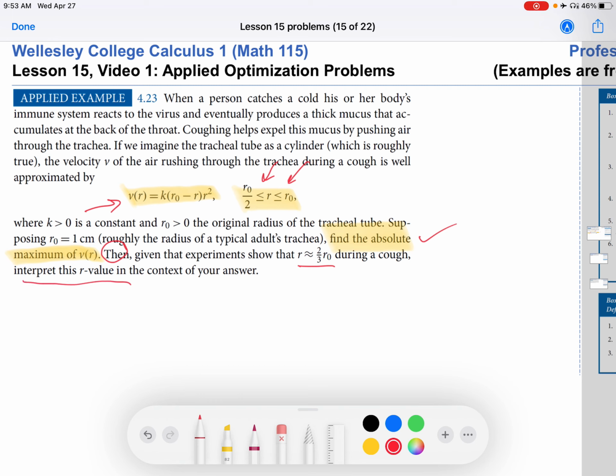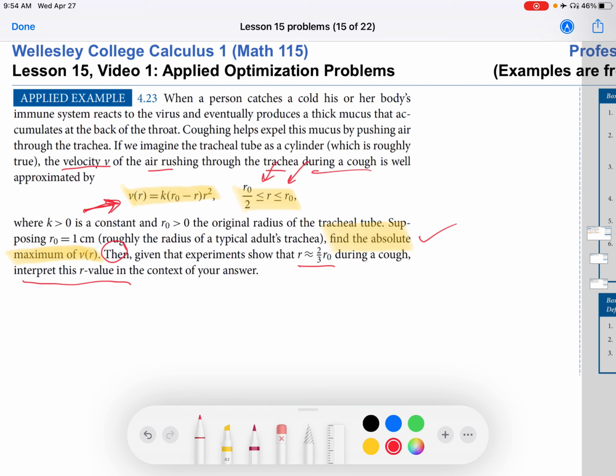So again, if you haven't paused the video or haven't yet read through the prompts, you might be wondering, what is R? What is V? Where's a real world application here? And long story short, this function is modeling the velocity V of air rushing through the trachea during a cough. So that's what V of R is modeling. And R is the radius of the trachea.